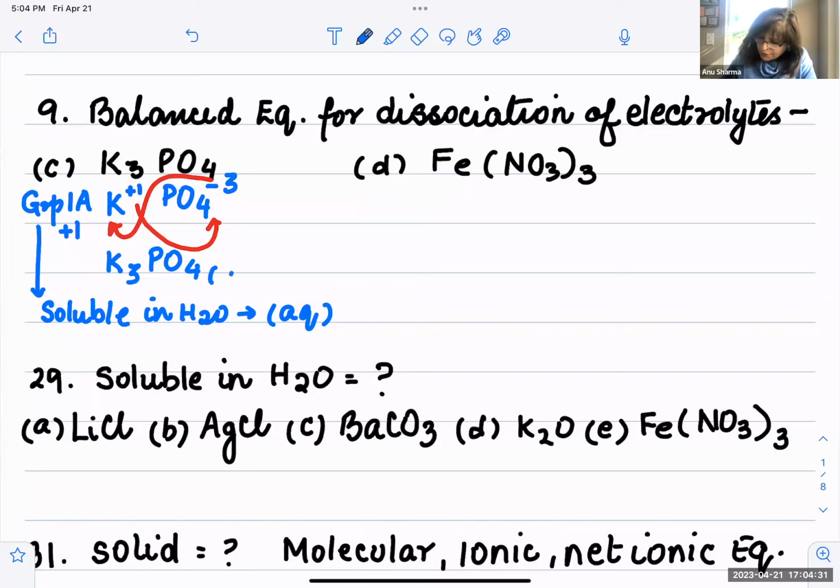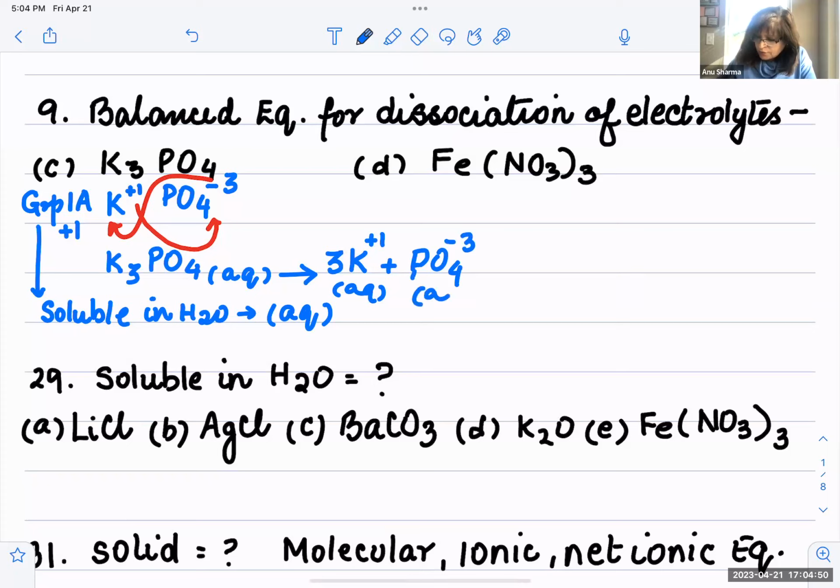So potassium phosphate is soluble in water, that's (aq), and it breaks up into 3 potassium ions, each with +1 charge, soluble in water, aq, and 1 phosphate ion, PO4 with -3 charge, which is also soluble in water, aq. This is how you will write it.